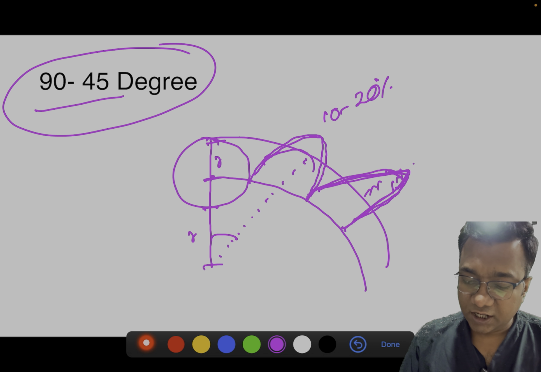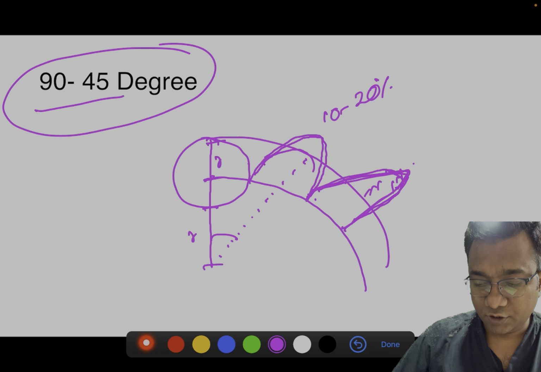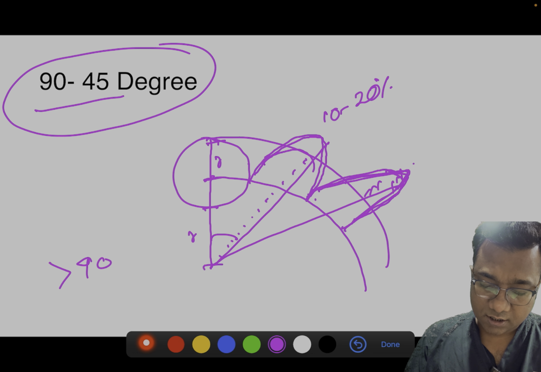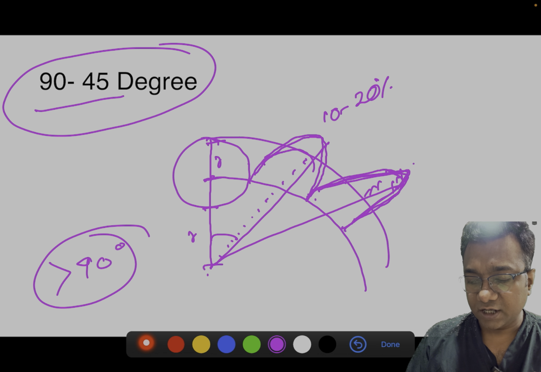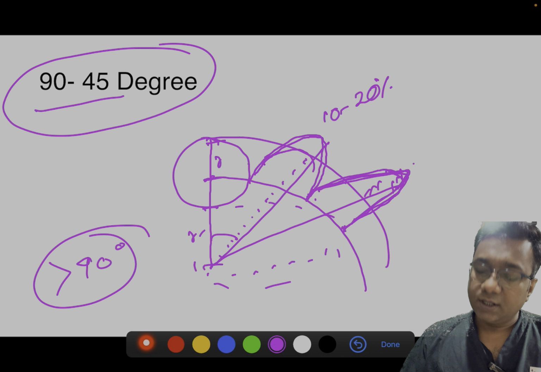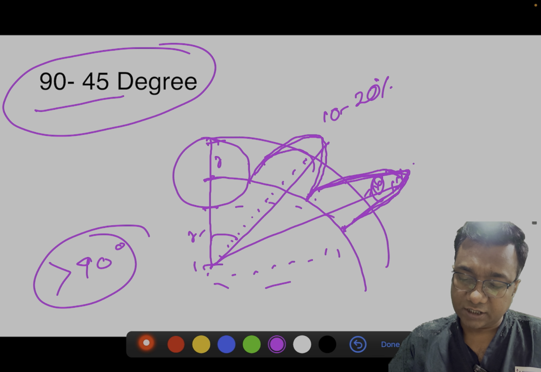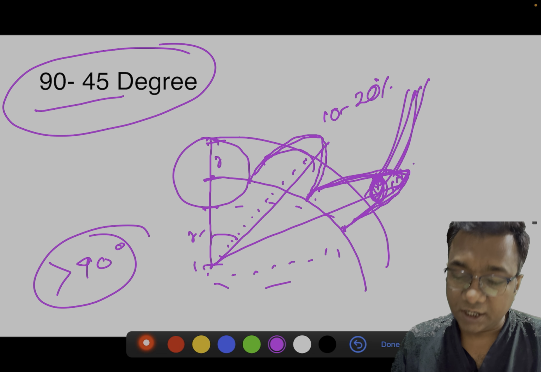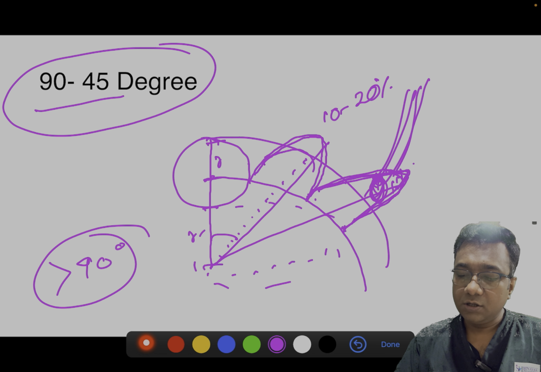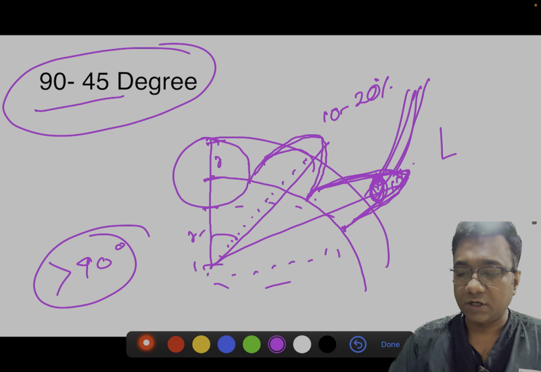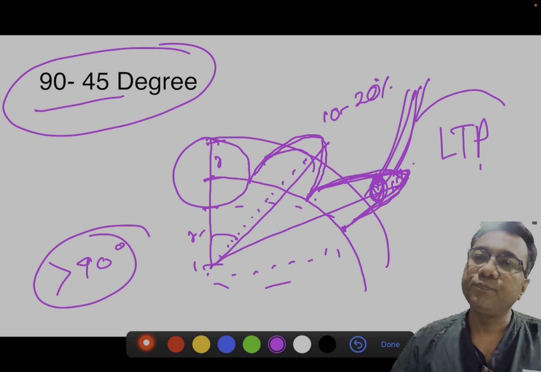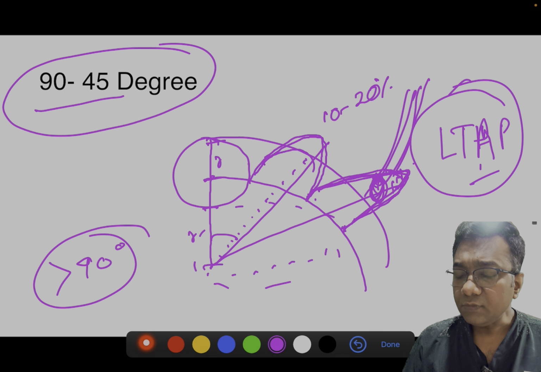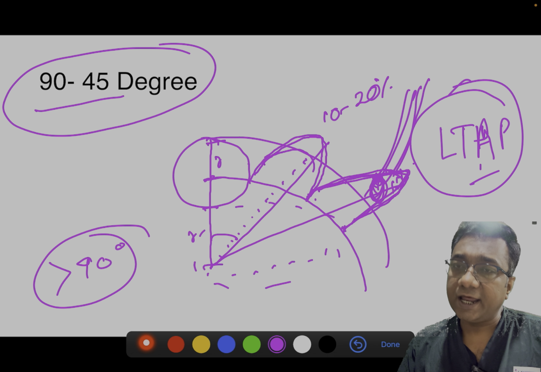Sometimes if the angulation is more than 90 degrees, there is a chance of less vascularity in the pivot. There, if we can supercharge this area with some other vessels, then the survival of the flap increases. This modification is done with the lateral thoracic artery perforator. So this is supercharging of L2.